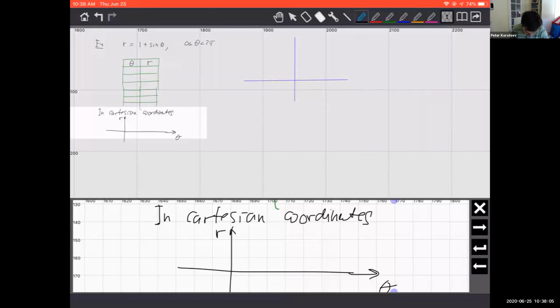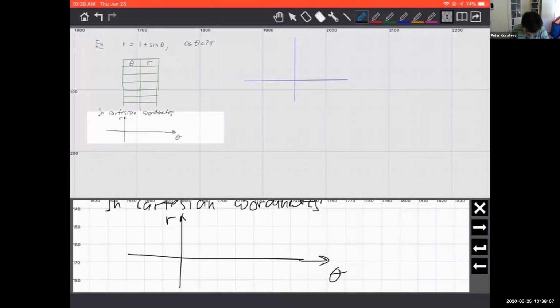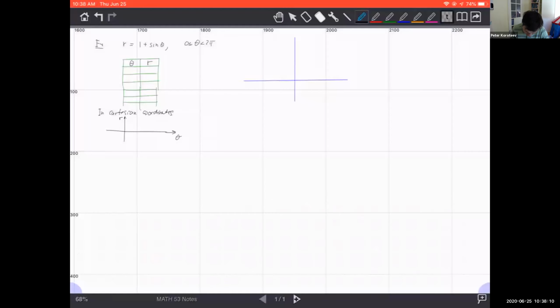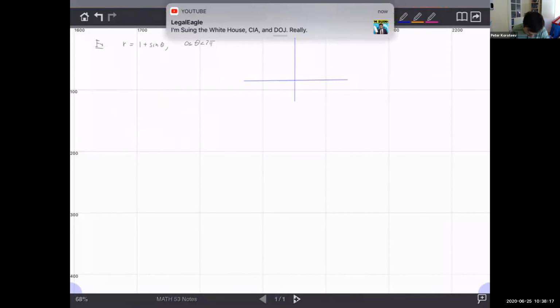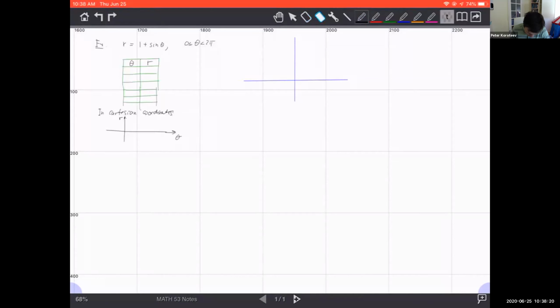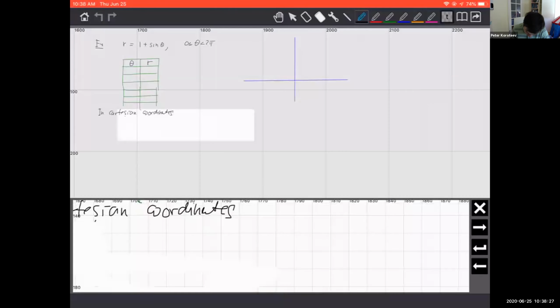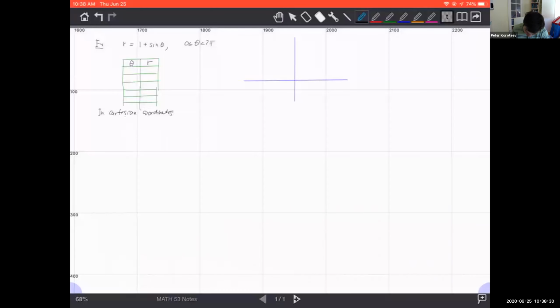Let me do it carefully. So in Cartesian coordinates, we lift it by 1 unit up.